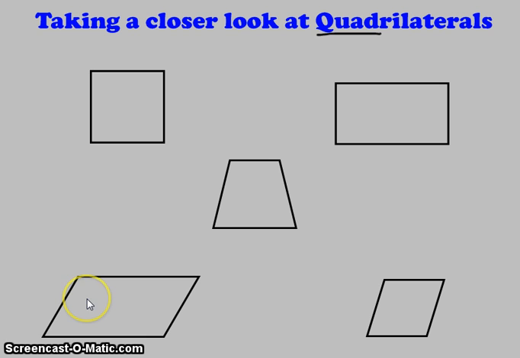It's the parallelogram. It also has four sides, but it has two sides that are equal in length and are parallel to each other. And it has another set of sides that are equal in length and parallel to each other. Parallel meaning these lines will never ever cross, like on a train track.